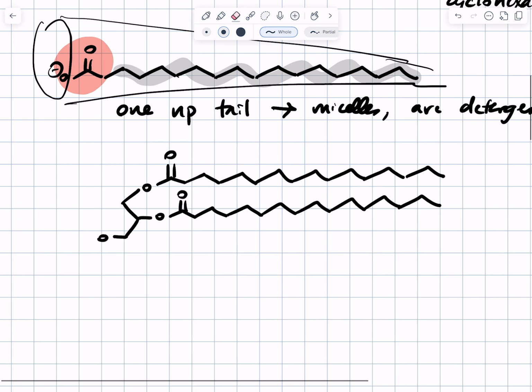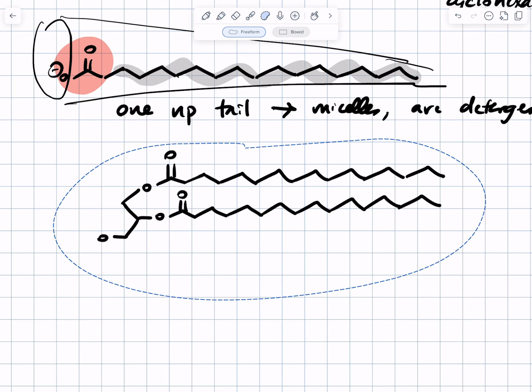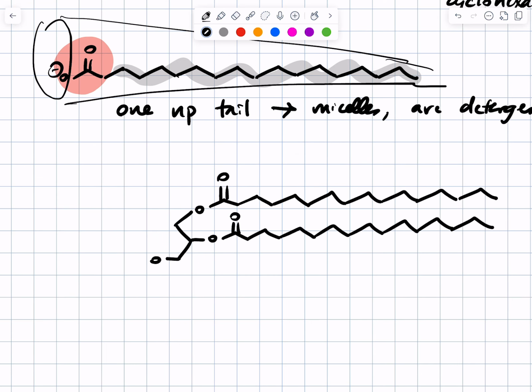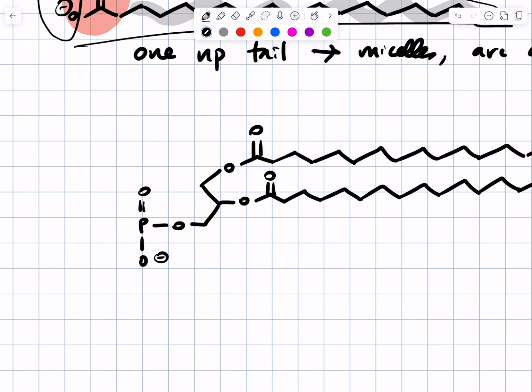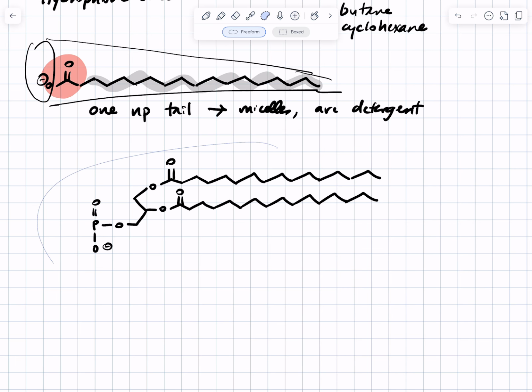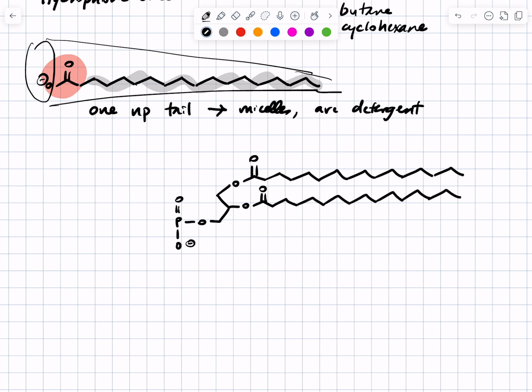And on the other oxygen of the glycerol chain of a triglyceride, there's going to be a polar head group. And in biology, this almost always involves a phosphate group, and then usually something is attached to that phosphate group. In this case, it's a two-carbon chain with a nitrogen on the end of it. You don't need to memorize this, but you may hear about this later in biochemistry.